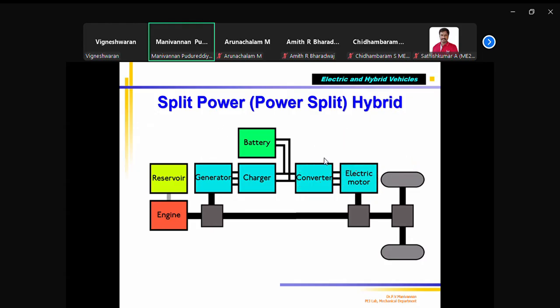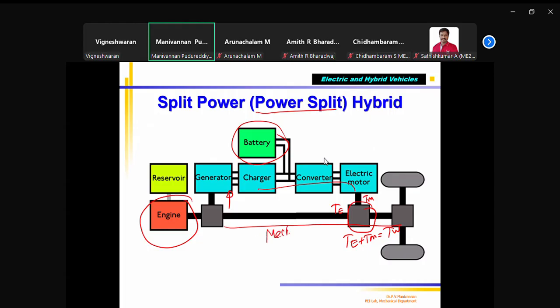Then finally, the electric motor generates the mechanical torque. T motor, this is T engine. Both will be connected. The output is TE plus TM going to TW. Similar to this one, here it is almost similar to your parallel hybrid. Only the name, you can see, is called split power. What you are splitting is the power generated by the engine: it is split to drive the generator, produce electrical voltage and charge the battery, and one part goes directly to the wheel.